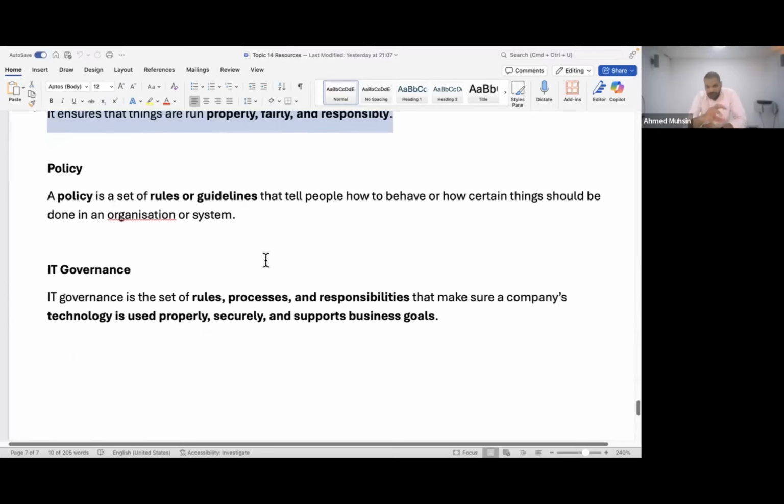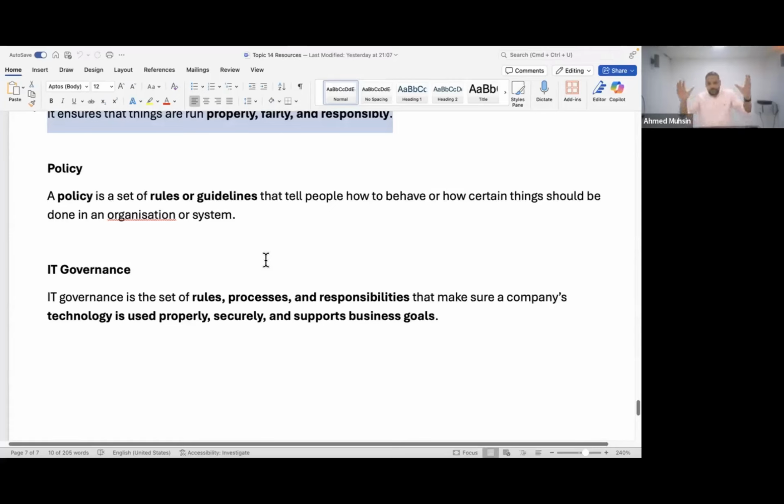Using technology to run your organization. Is it clear? IT governance means you're using IT systems to run your organization. So your IT systems should run the organization properly, fairly, and responsibly. Can you read it to yourselves now? What do you mean by IT governance?